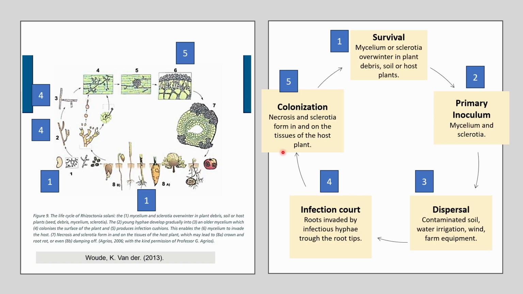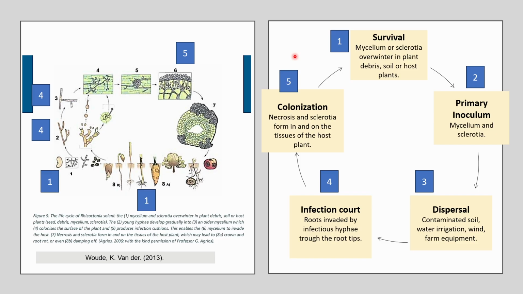And about the colonization, this is also very interesting because the mycelium then proliferates on the root and produces special T-shaped structures. So I think these T-shaped structures also correspond to number 5.